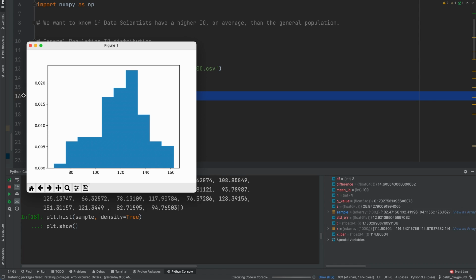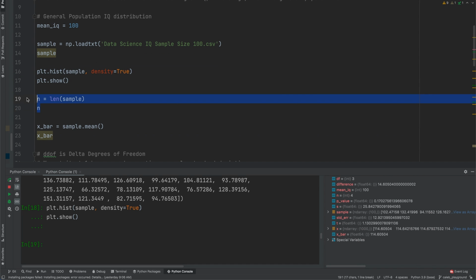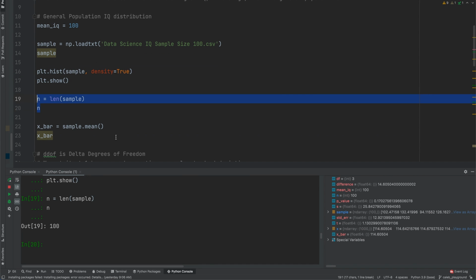And just to show you what the histogram looks like, all right, cool. We have more data to work with. It's definitely looking like it's further to this 120, 130 area than the 100 area, but we'll see if the statistics are enough to convince us.